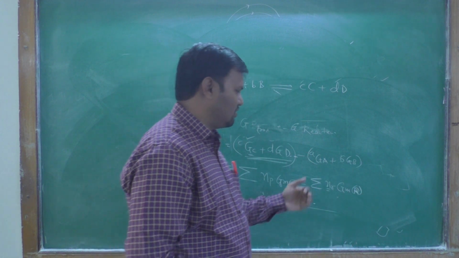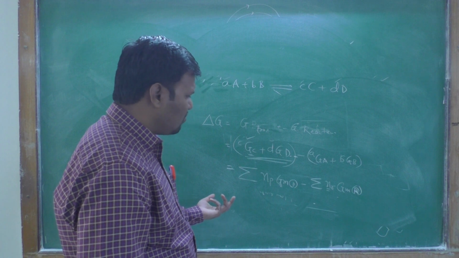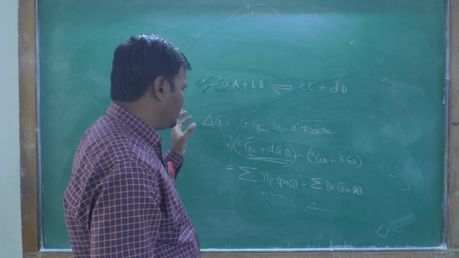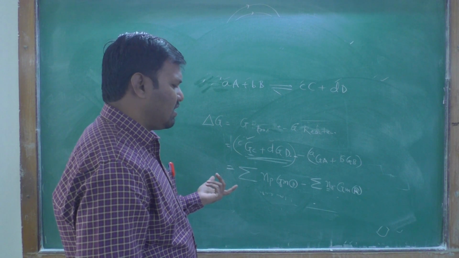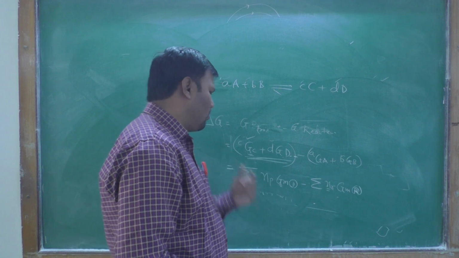Product minus reactant. In this way we can find out the delta G for a reaction. This is the general equation we have found for the reaction.